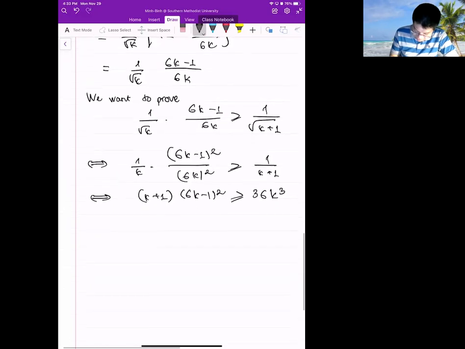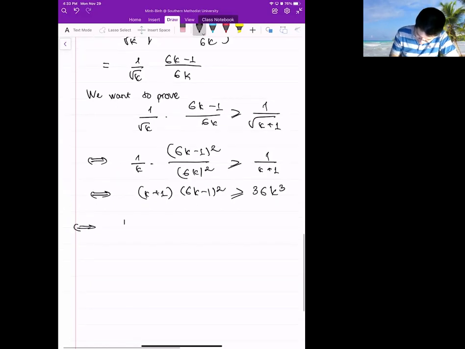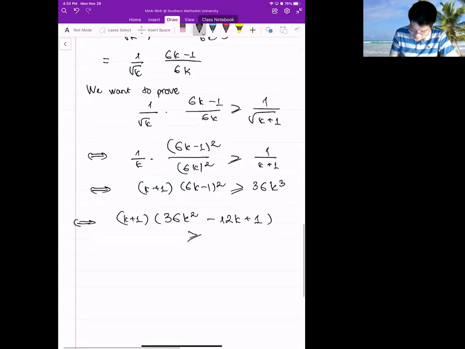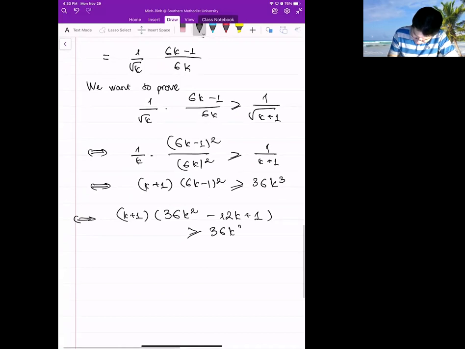Now you're going to have to develop this. So you're going to have (k plus 1) times (36k squared minus 12k plus 1) is bigger than 36k cubed.